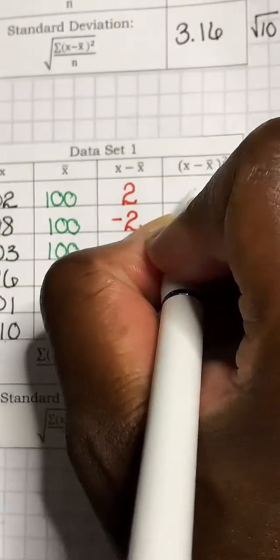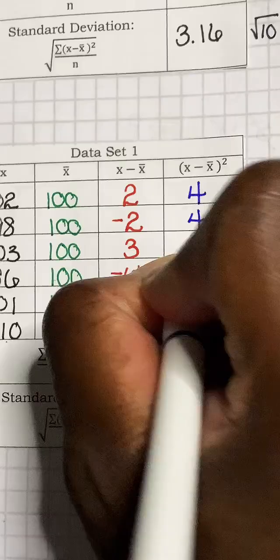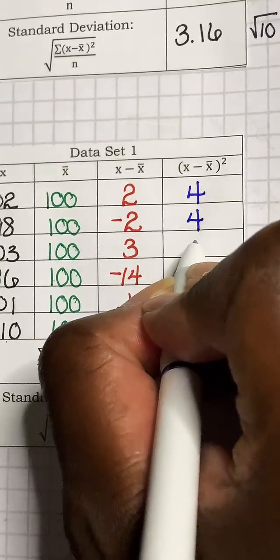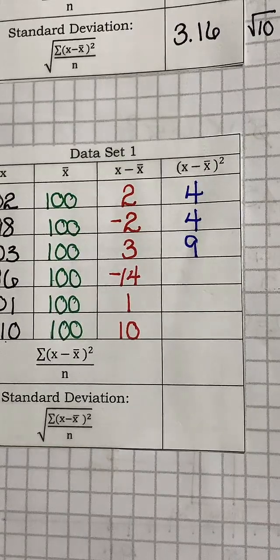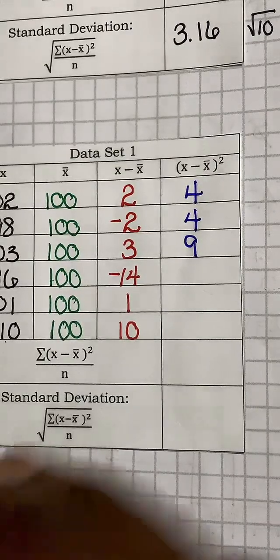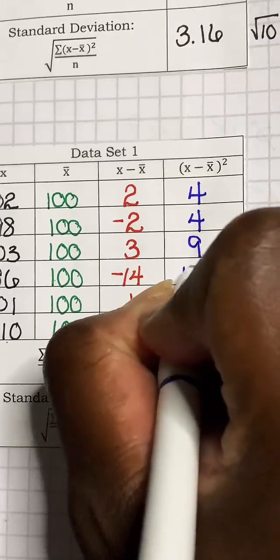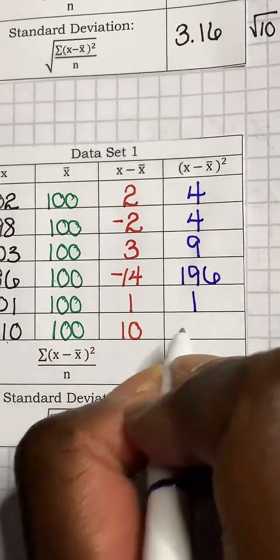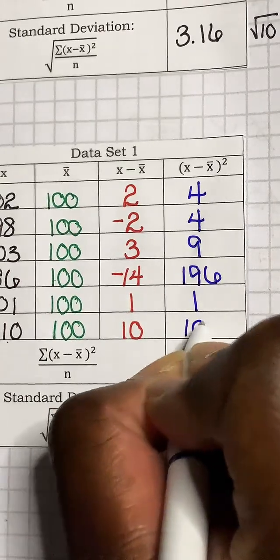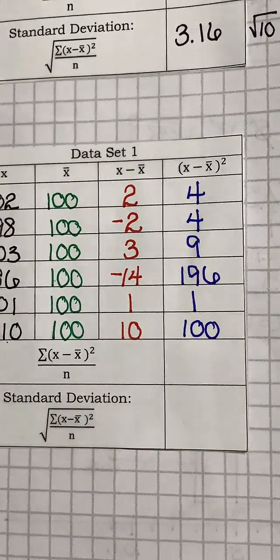So 2 squared gives me 4. Negative 2 squared gives me positive 4. 3 squared gives me 9. 14 squared, 196. Yes. 1 squared gives us 1. And 10 squared gives us 100.